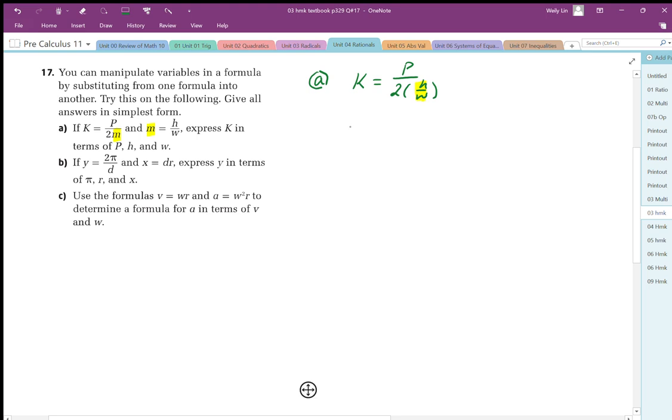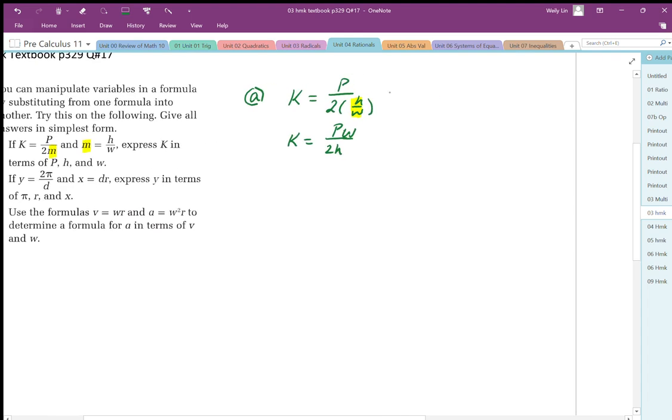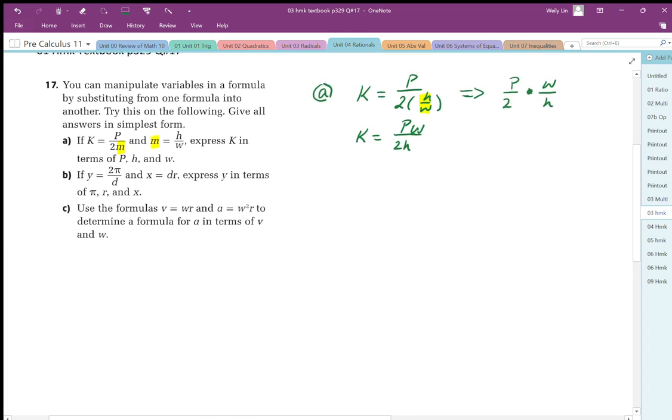So I'm going to end up with K is equal to P on top, 2H on bottom, and since that's a divide in the denominator, that's a divide, which really means that should go in the numerator. So we could also show this by multiplying by the reciprocal. If I'm going to divide by a fraction, I can multiply by the reciprocal and we get the same result. So that's A.